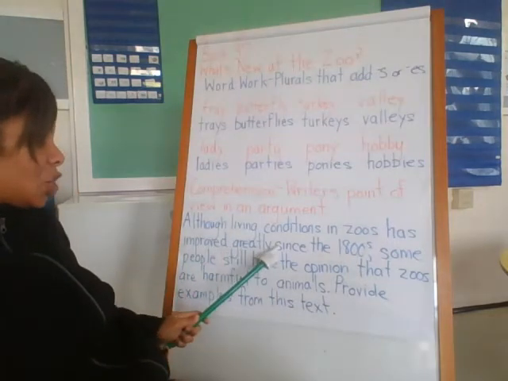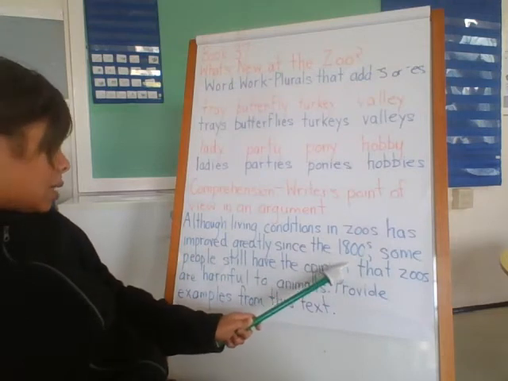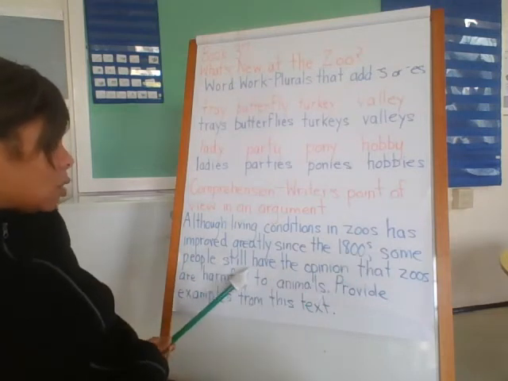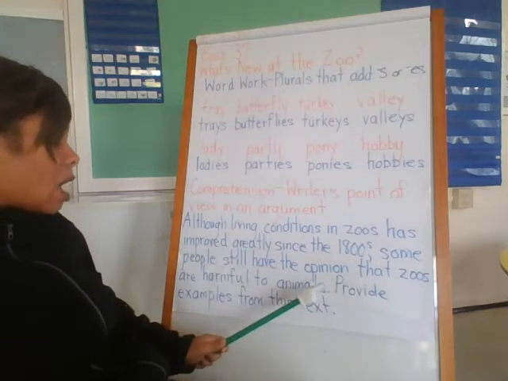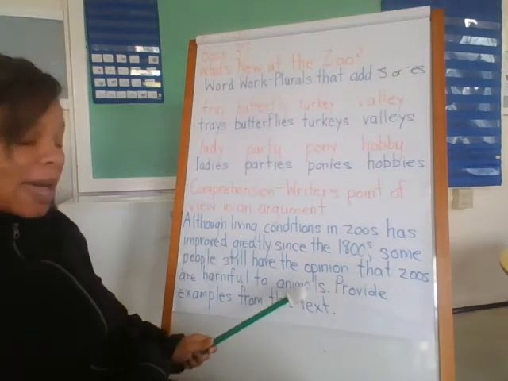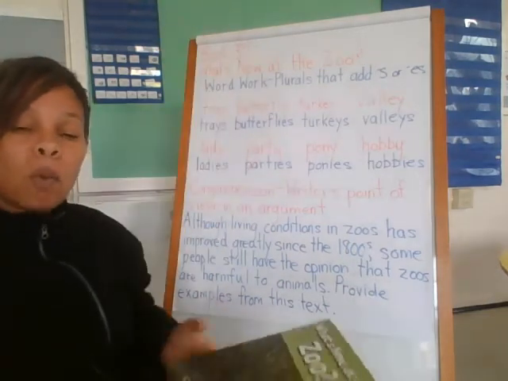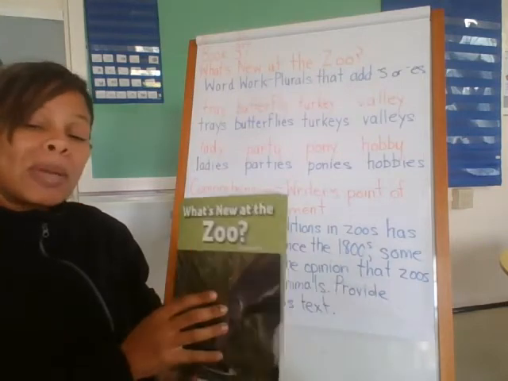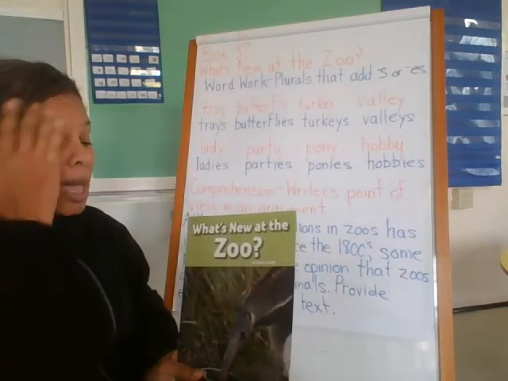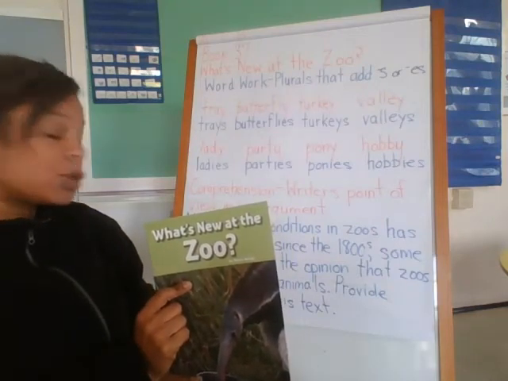Although living conditions in zoos have improved greatly since the 1800s, some people still have the opinion that zoos are harmful to animals. Provide examples from this text. So even though the author is giving us a list of reasons why zoos are beneficial and helpful to animals, some people around the world, and a few comments in this book, still believe that zoos are harmful to animals.